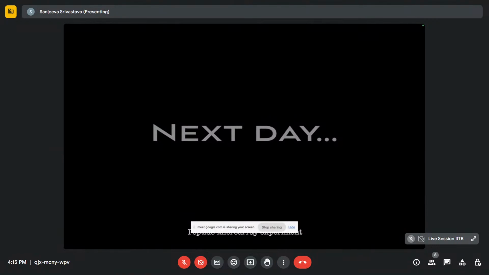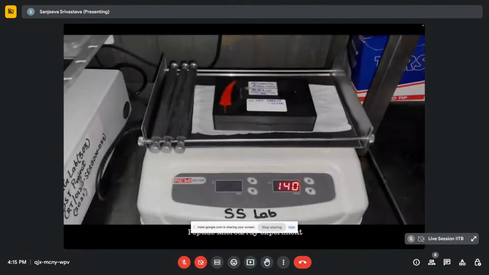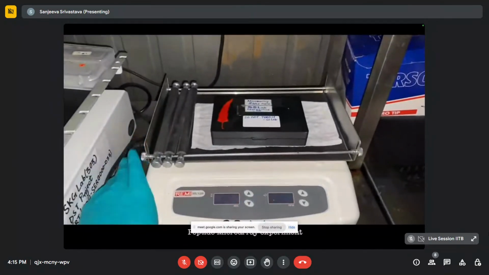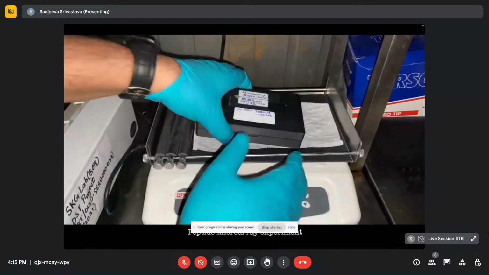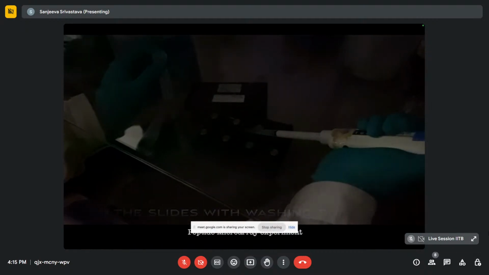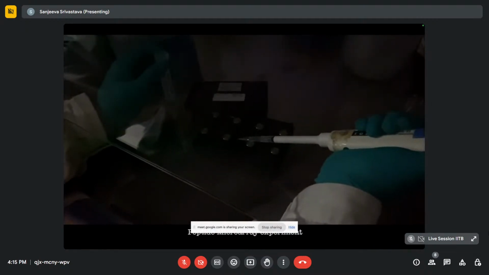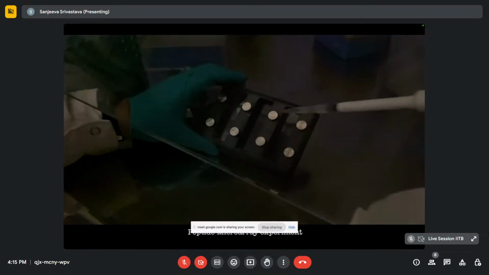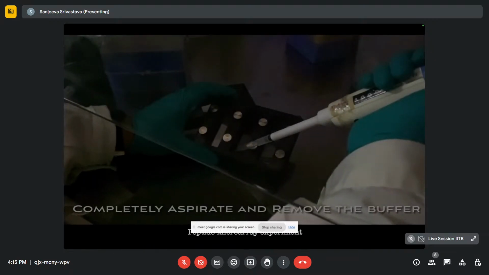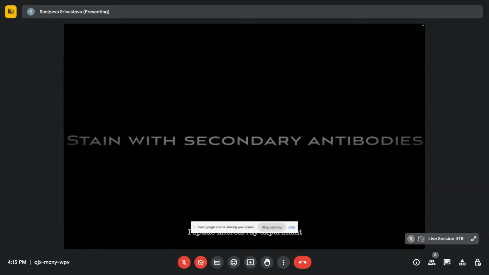On the next day, remove the incubation tray from 4 degrees Celsius and aspirate the solution. Now add washing buffer onto the chip. This step is done 3 times in the dark. Again, completely aspirate the washing buffer and add secondary antibody.